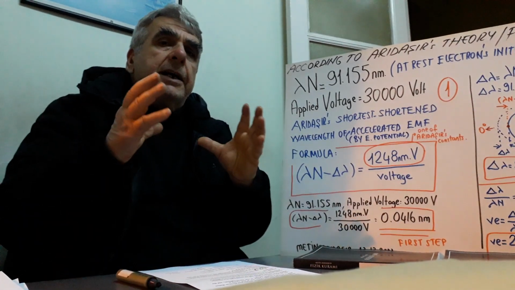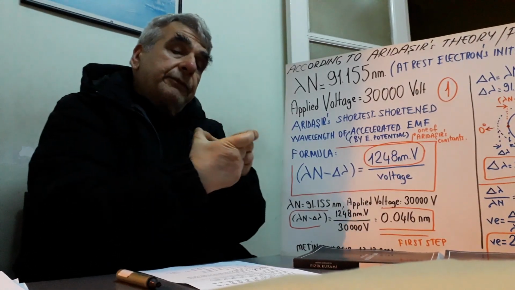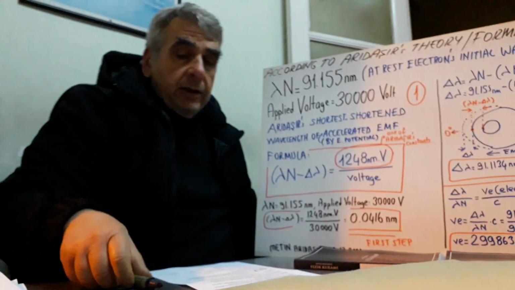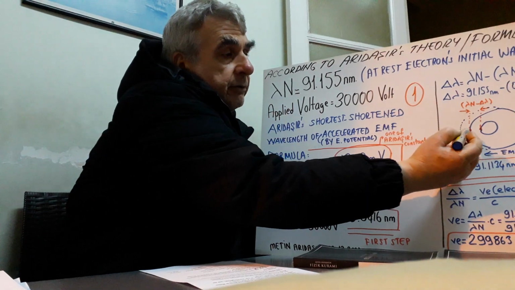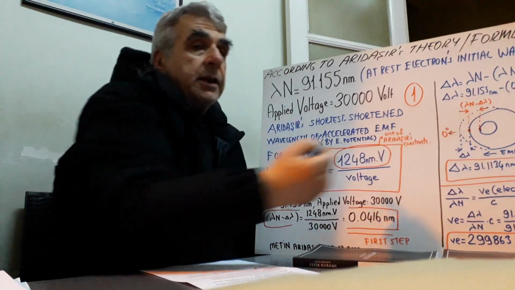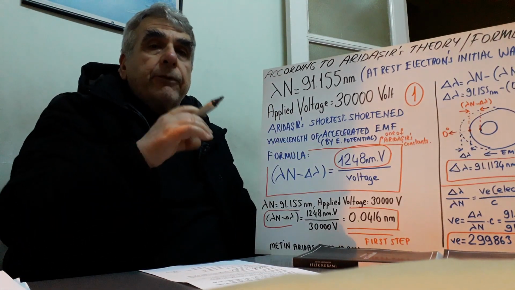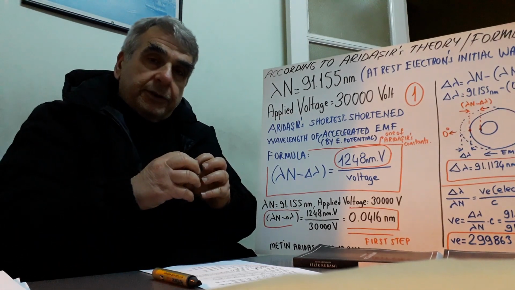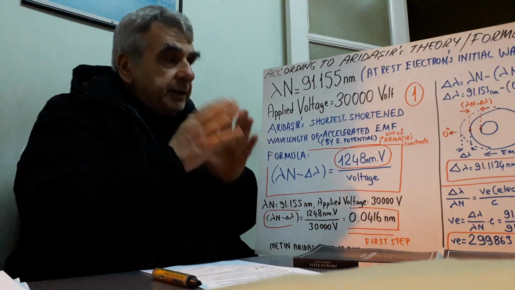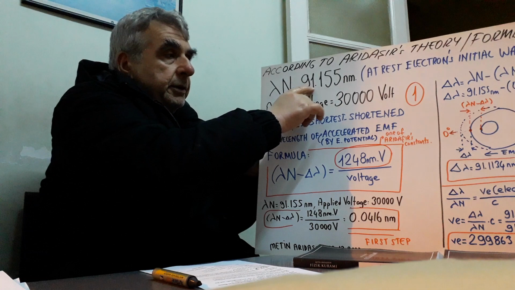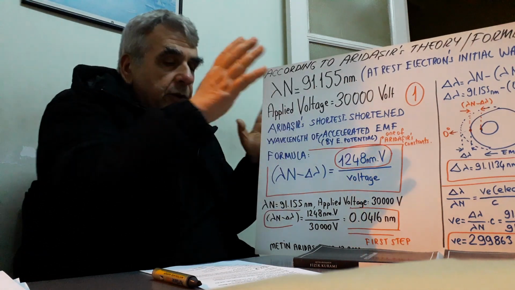There are different kinds of electron motion forms, different size, wavelength size. But for the shortened wavelength, only for this 0-degree direction wavelength, lambda normal minus delta lambda is the same for all of them. Same applied voltage, different velocities. But here, this is our example, 91.155 nanometer.